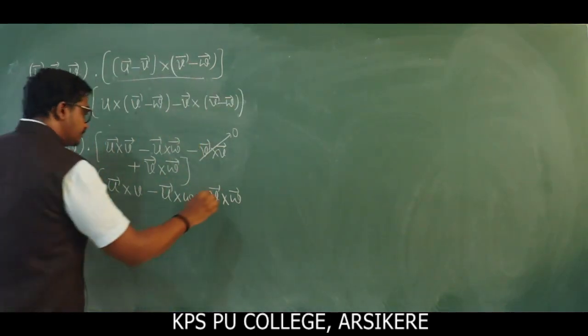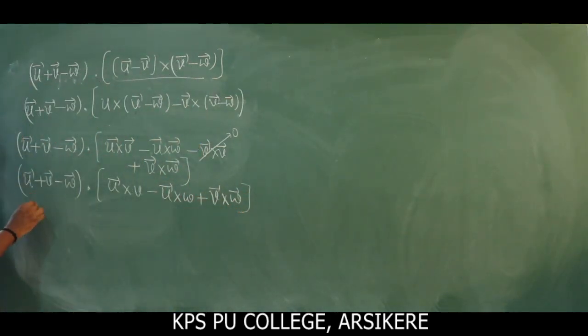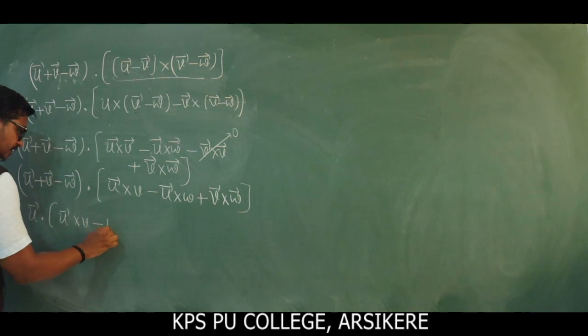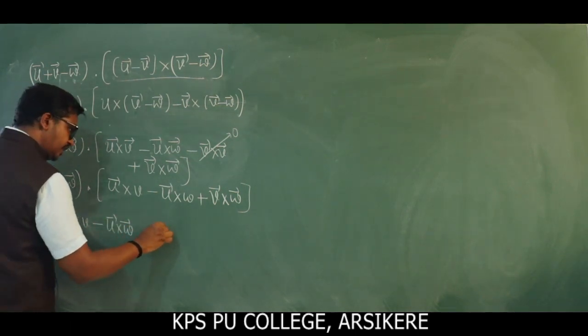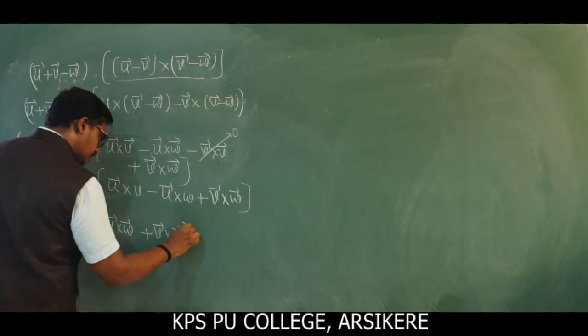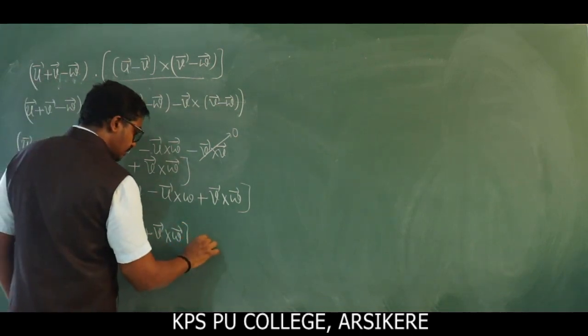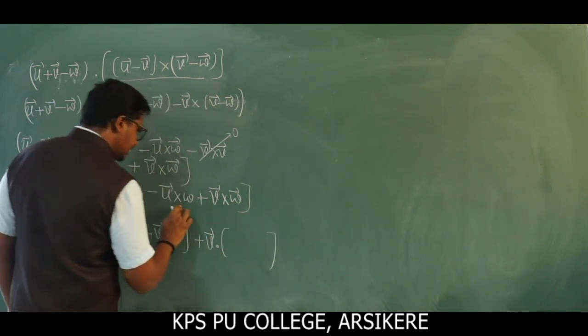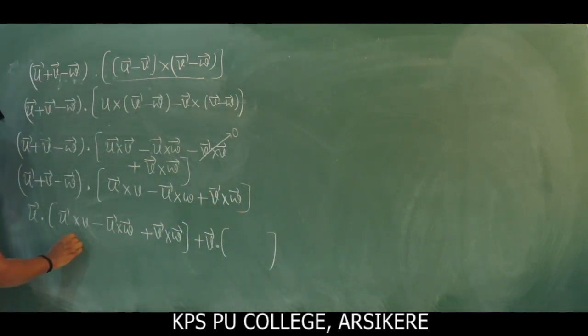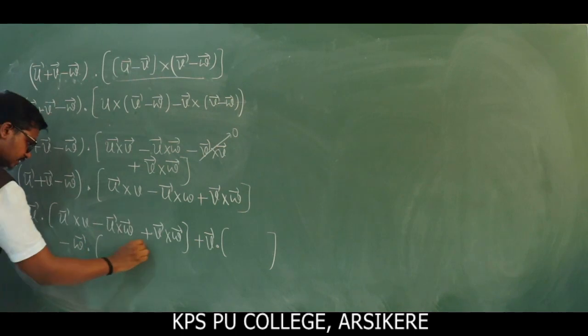Next, multiplication in order. First, vector u dot the top quantity u cross v minus u cross w plus v cross w, and the second, plus v dot the same thing, and minus w dot the same thing.